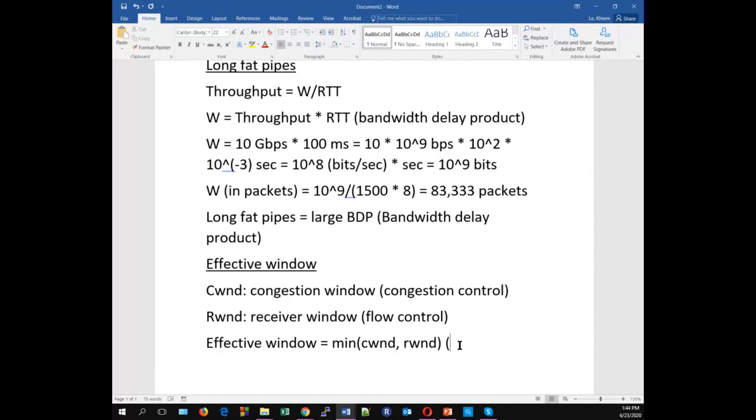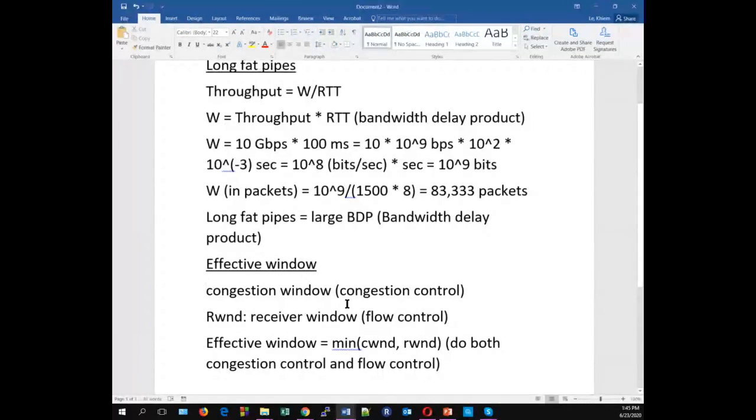Okay, because it has to do both congestion control and flow control. Actually, I'm going to change this a little bit.